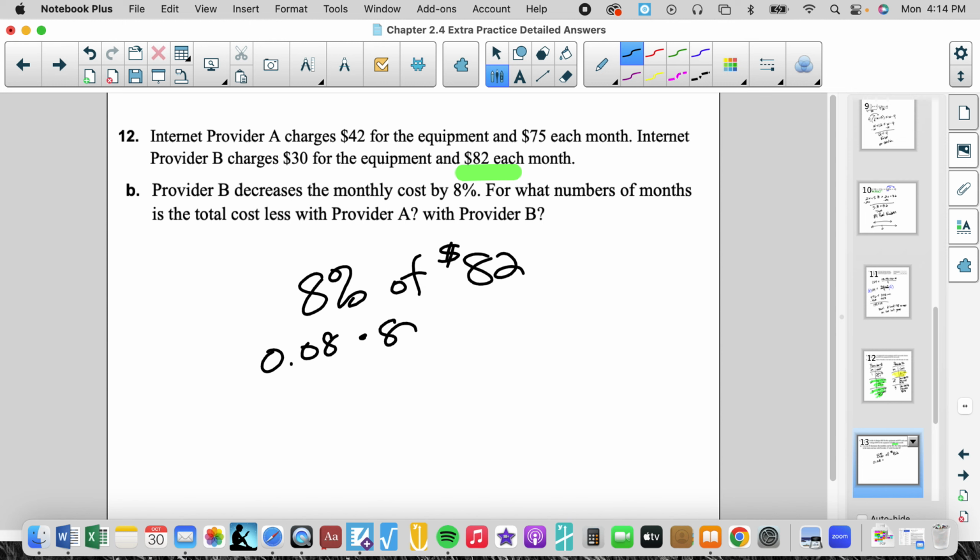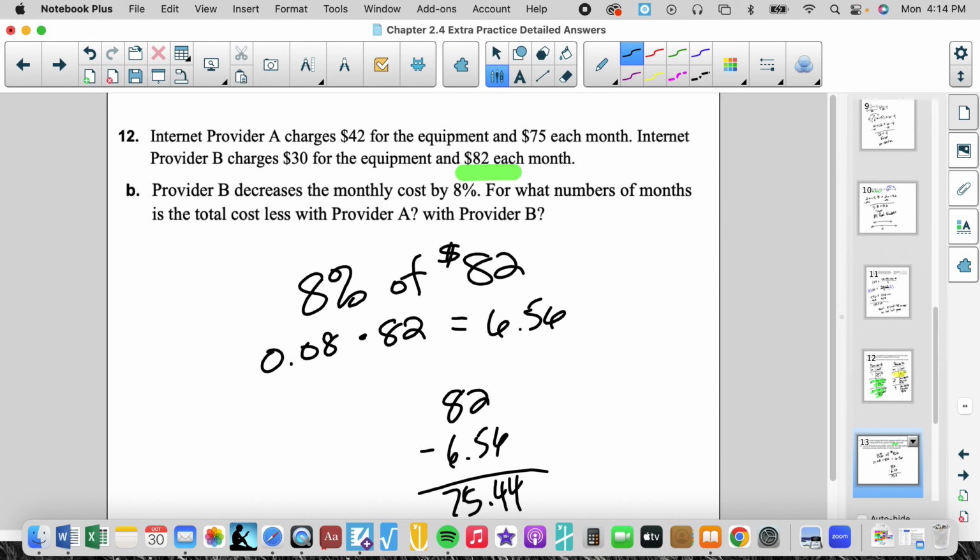Of means multiplication, and 82. So 0.08 times 82 gives me $6.56. So we're going to subtract $6.56 from $82, and we get $75.44 now per month.